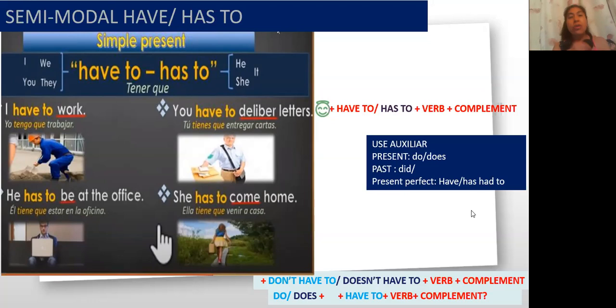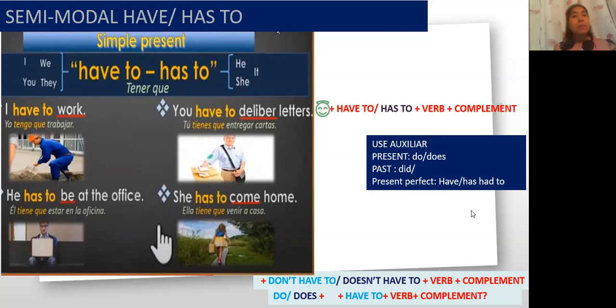Remember, have to or has to is different from the rest of the modals. Why, teacher Faithy? Pay attention. Because have to uses an auxiliary to make negatives and questions. Yes, it uses an auxiliary. It's the only one that uses an auxiliary.